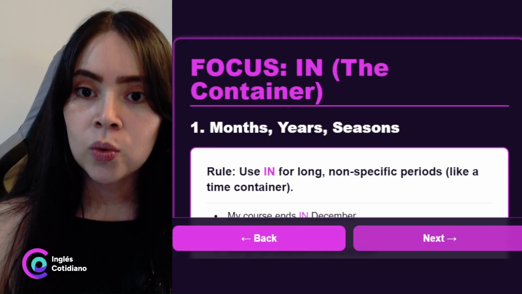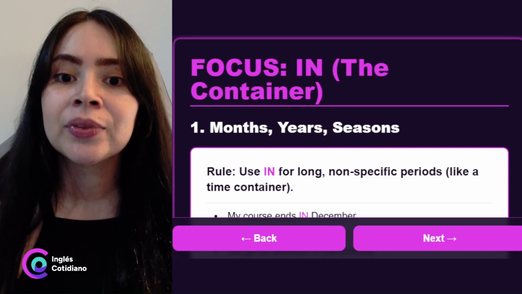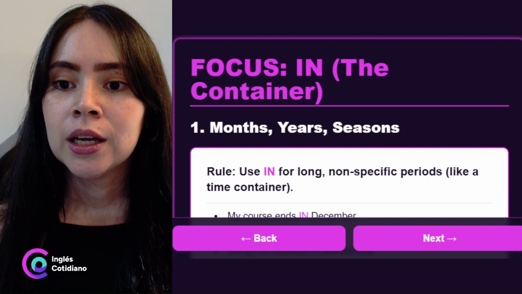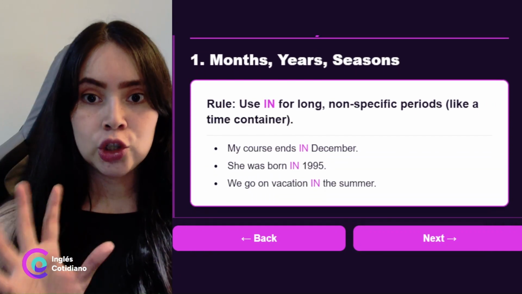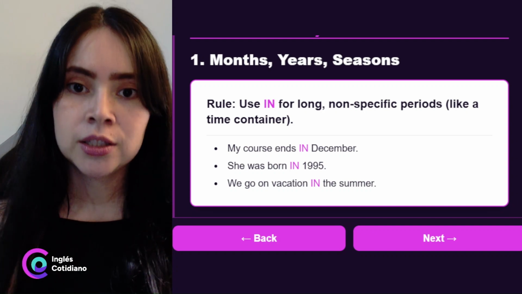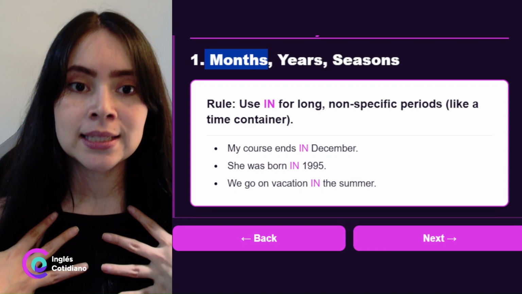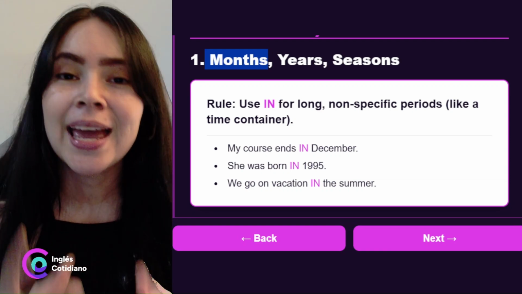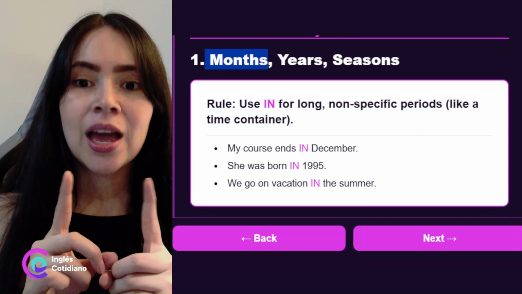Let's continue now with the next preposition, which is in. This preposition, we use it when we are talking about time in different situations. This is the first: when we mention months in our sentences, when we mention years, and also seasons.